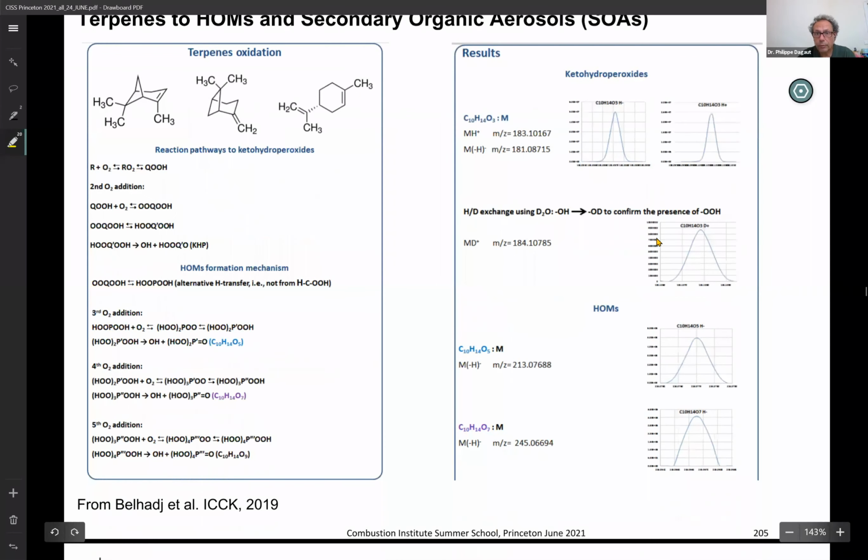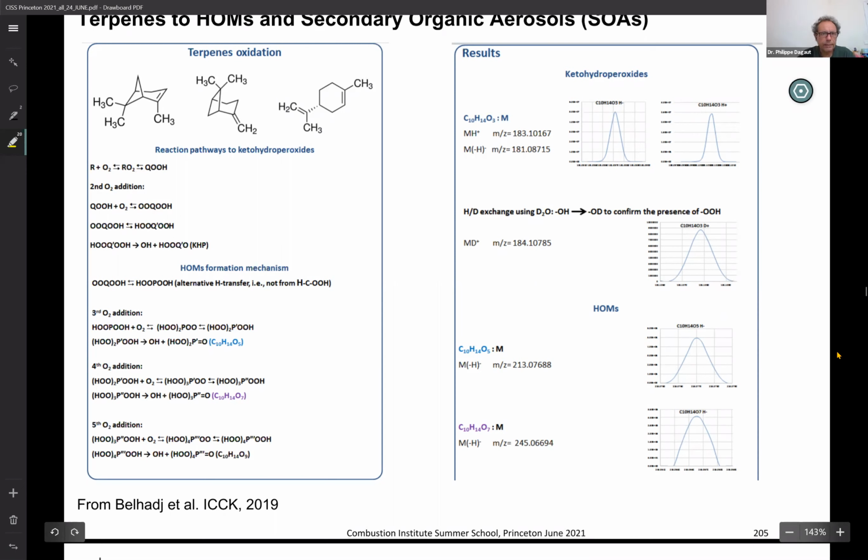We could observe the different intermediates. And, as I told you in the introduction, we could also figure out that we had several HO2 groups in these species by doing HD exchange using D2O.